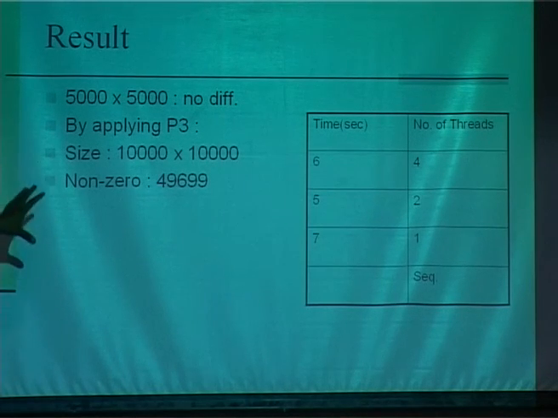In OpenMP it is very important to check the optimal number of threads, because thread creation, communication, and thread destruction take a lot of time. At synchronization some threads are waiting for other threads. So if you unnecessarily create extra threads, it will take extra time. It's not always necessary that creating 10 threads for a 100 cross 100 matrix will give you good time; it can take more time.